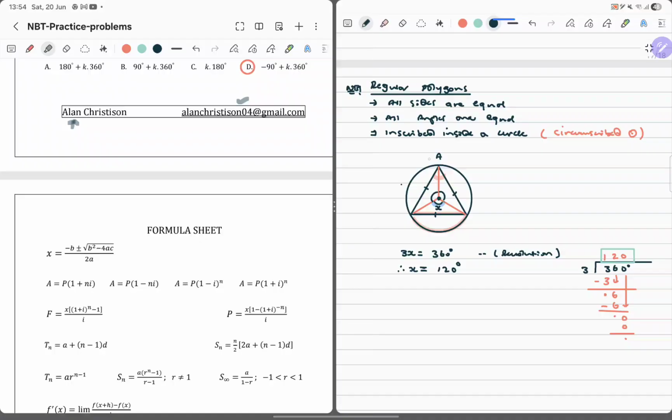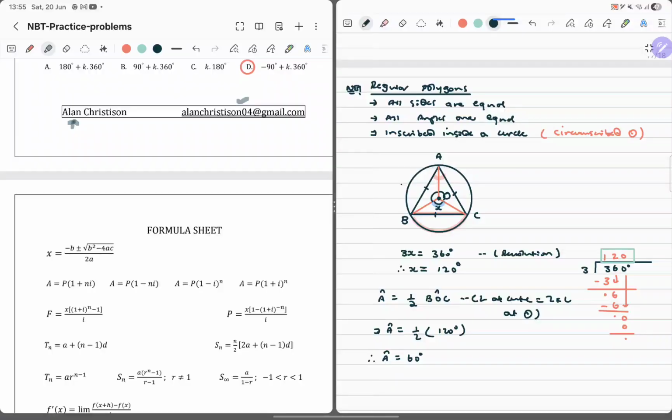So if this is A, B, C, and let's say this is center O, then angle A is going to be half of angle BOC. Angle at center is equal to 2 times angle at circumference. So A is going to be half of 120. Therefore, A is 60 degrees.